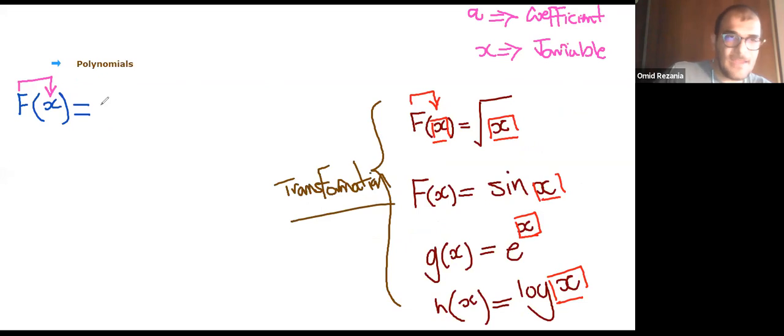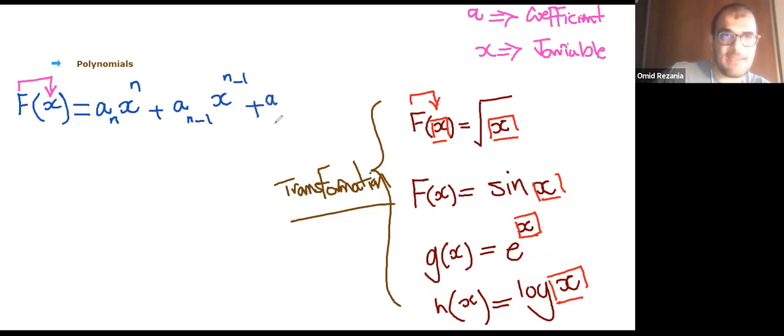We say that f of x takes this form: a subindex n x to the power n, plus a subindex n minus 1 x to the power n minus 1, plus a subindex n minus 2 x to the power n minus 2. You see that you can continue this trend.